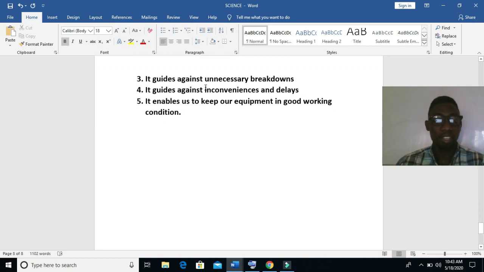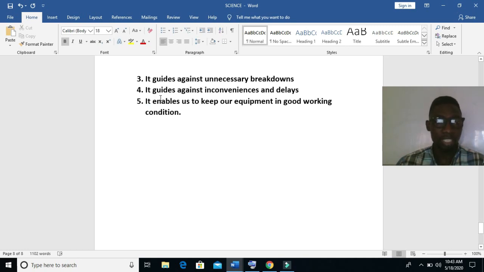Number three, it guards against unnecessary breakdowns. For example, for people that use machines to work, to produce things, to manufacture things, when they refuse to maintain these things, it is very obvious that the machine can break down. So to guard against this unnecessary breakdown, you need to maintain the equipment or the material in use.